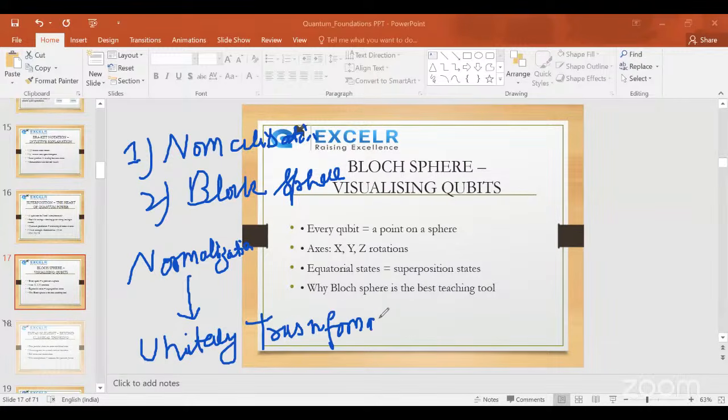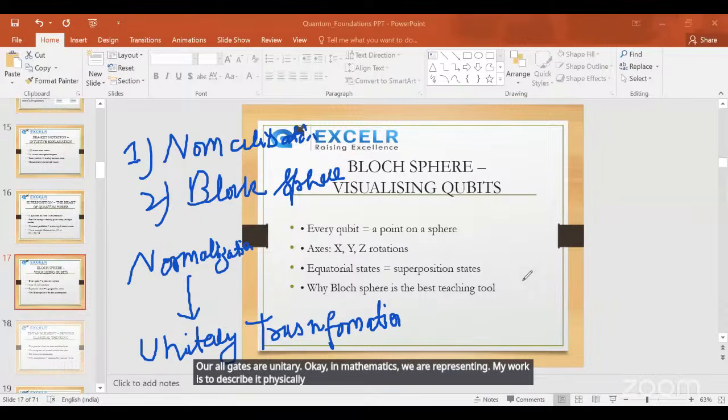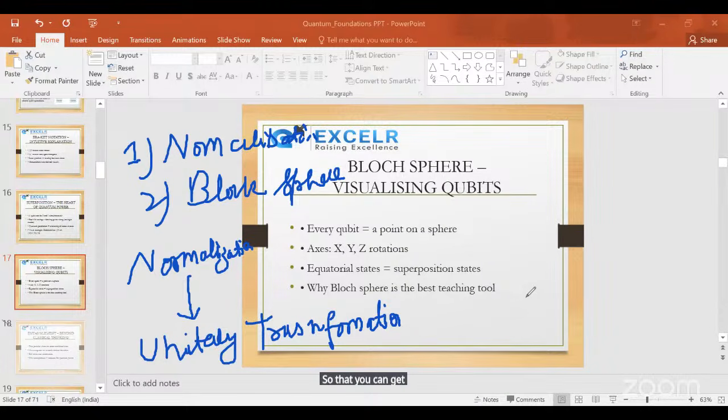Our gates are all unitary. In mathematics, we represent them; my work is to describe it physically rather than mathematically, so that you can get into the soul of quantum computation.